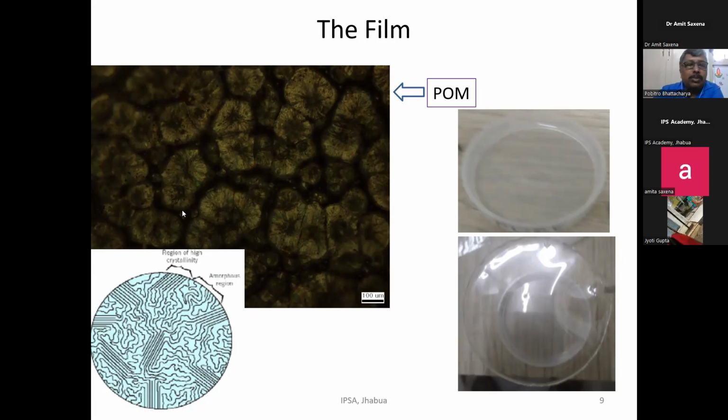What I mean by crystalline pockets is, again, these ordered regions, where the chain coiling is pretty ordered. These spherulites may be big, may be small, depending upon many things. The most common thing is the concentration of the salt. Depending upon the salt concentration, and the nature of the salt also, the size of these spherulites may vary. Earlier, we used to say that it is only the amorphous region where the ions can migrate.